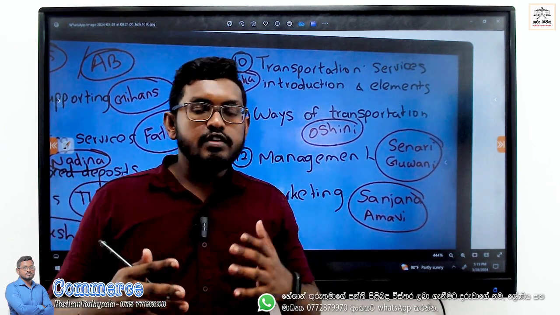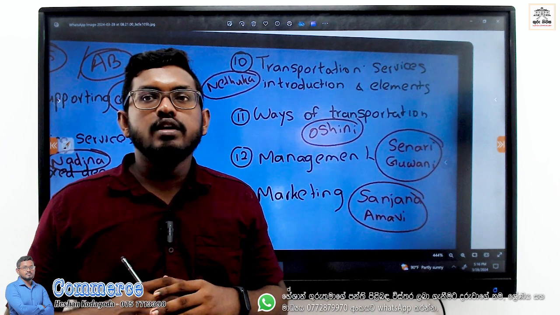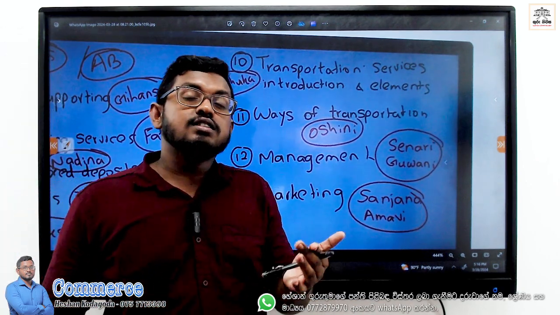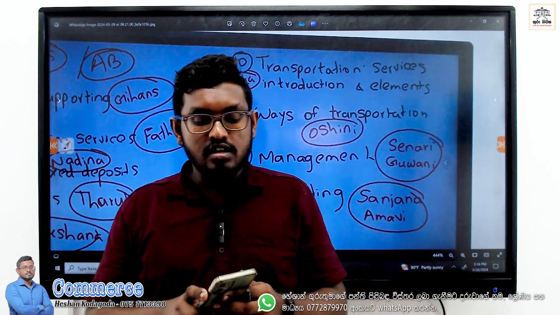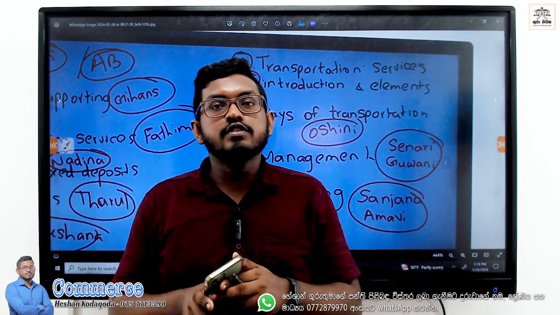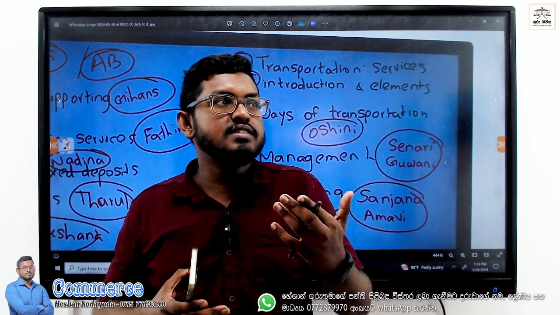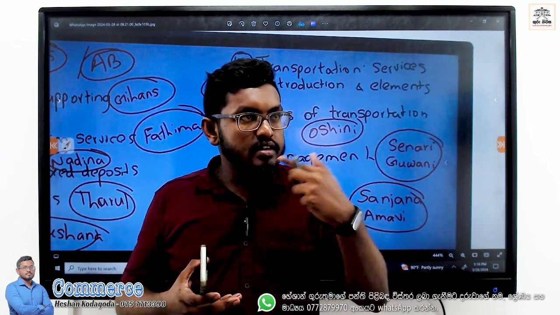Clear. So I think we got a clear idea. So overall, it's good, and we got a clear idea about what the term transportation is and the elements of transportation. So what I want to tell you, first thing, you could better use a presentation as well, because it's very good to understand clearly.